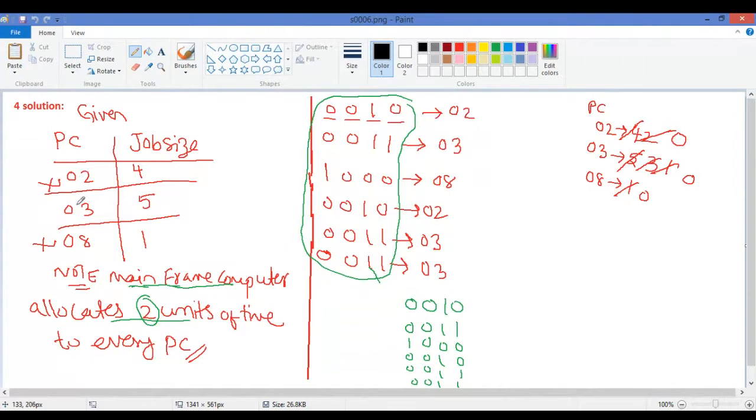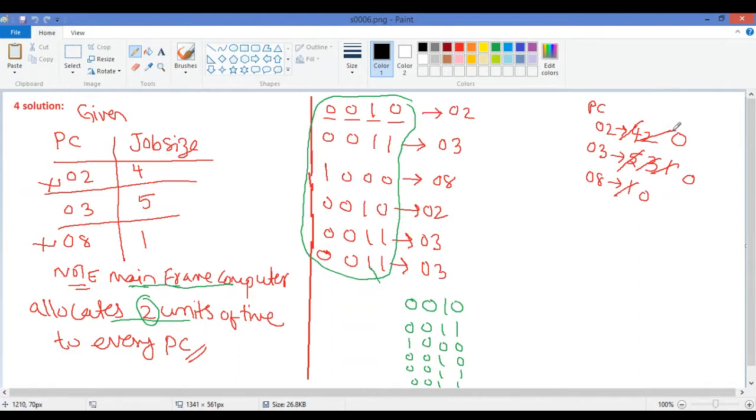Then it will go for 3. Then 3 is executed. After 3 is executed, 5 minus 2 is 3, correct? Then it will go for 8. 8 is only 1 unit of time, it has finished, no problem. But after this is finished, who is remaining? 2 and 3 are remaining, correct? So that's why we go for 2.